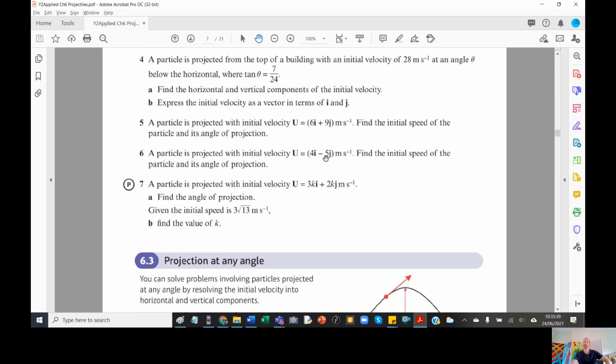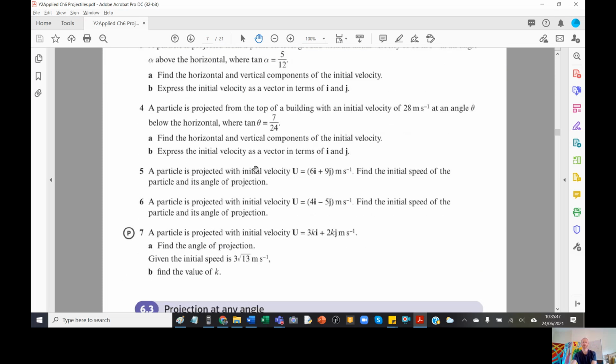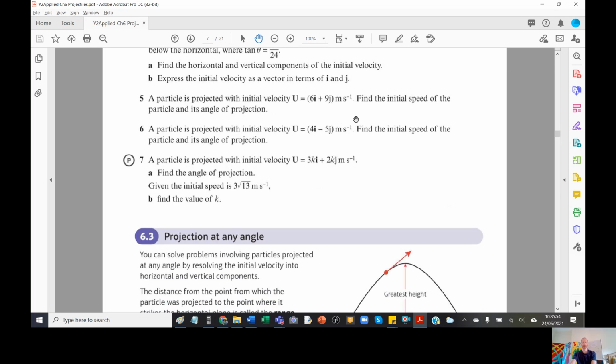The vertical speed initially is -5. That one will be an example where you're pointing down. So this whole exercise is really a way of converting back and forth between the vector form and the speed and angle form.